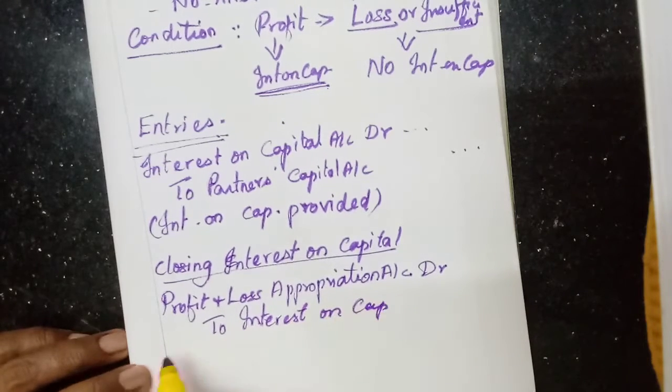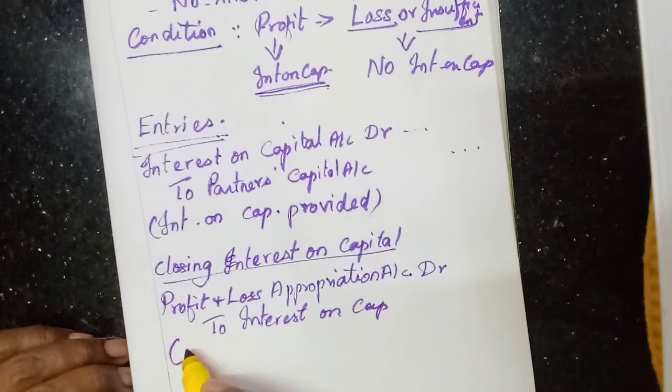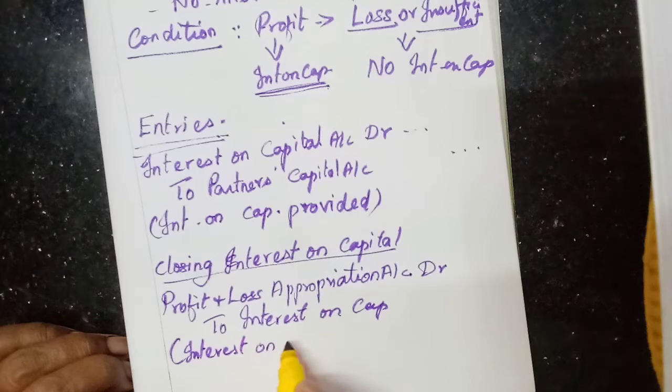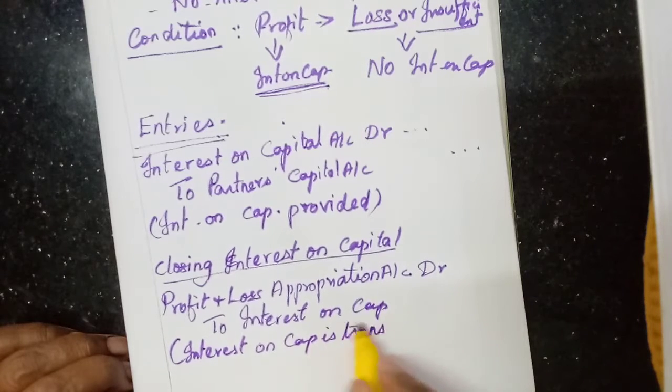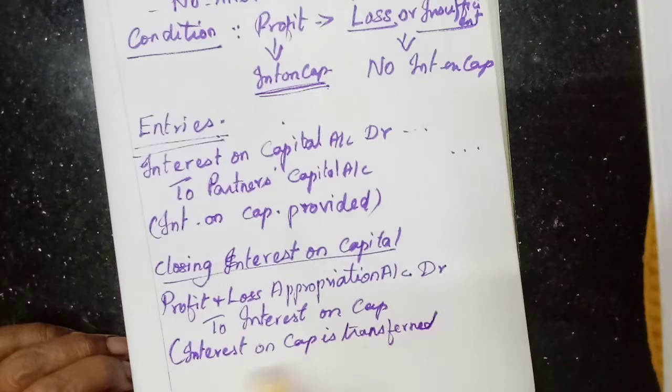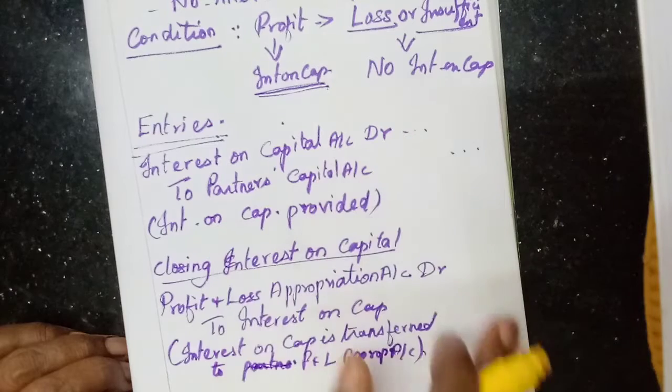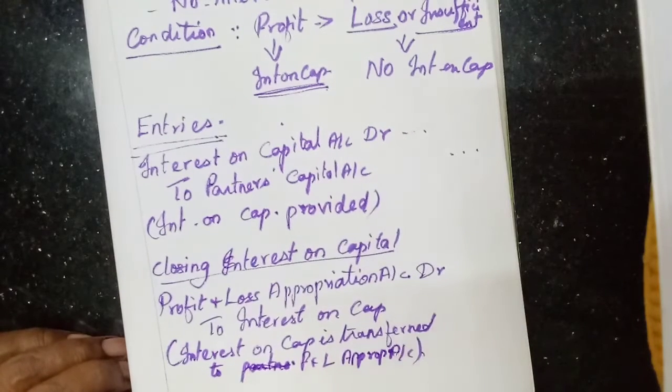Then the narration: interest on capital transferred to profit and loss appropriation account. Then we should write the same amount here also. Understood?